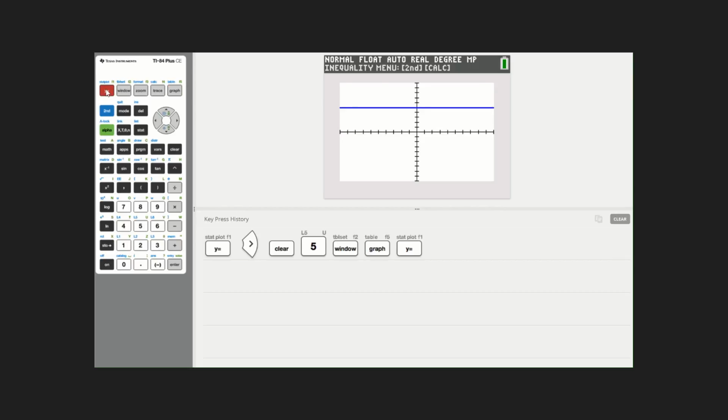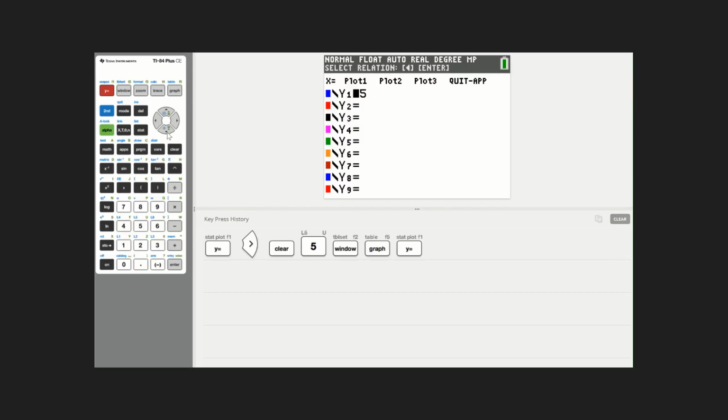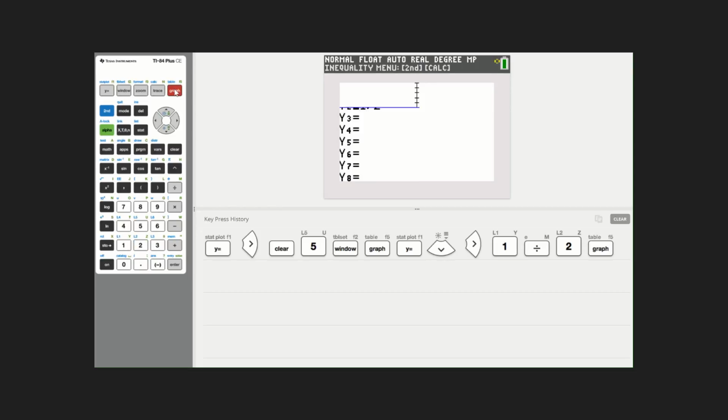Now I'm going to go in here and graph the second one, and I'm just going to graph it underneath it. I'm going to use y2 this time, where y equals 1/2, 1 divided by 2. And we're going to go over here and look at the graph of this. And shazam, there's a red horizontal line coming through where y equals 1/2, x is 0.